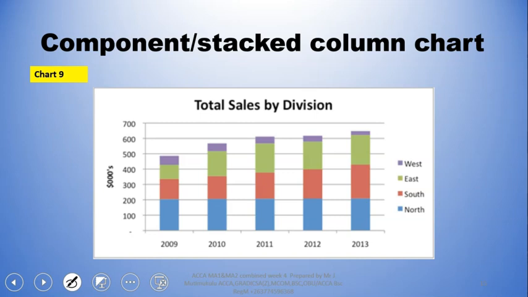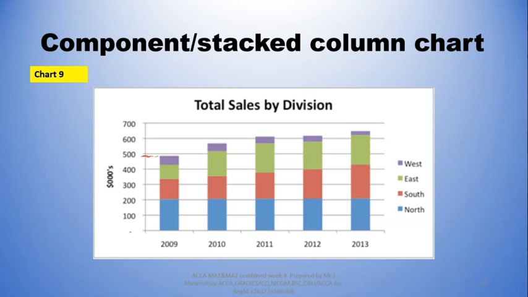You can see this is how the divisions have been performing. The total sales for 2009 is at this point. That's where you get the total sales for all the divisions in 2009.